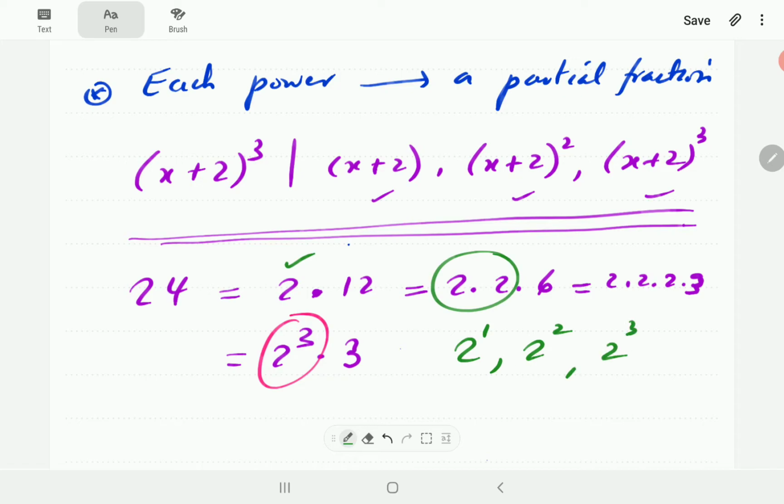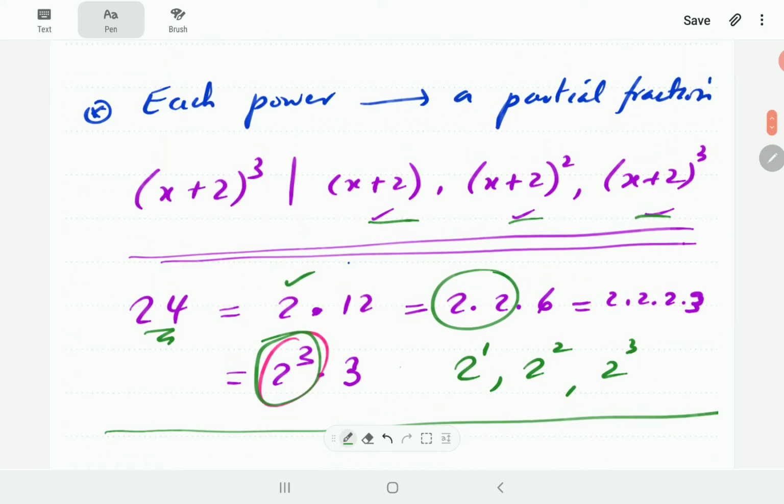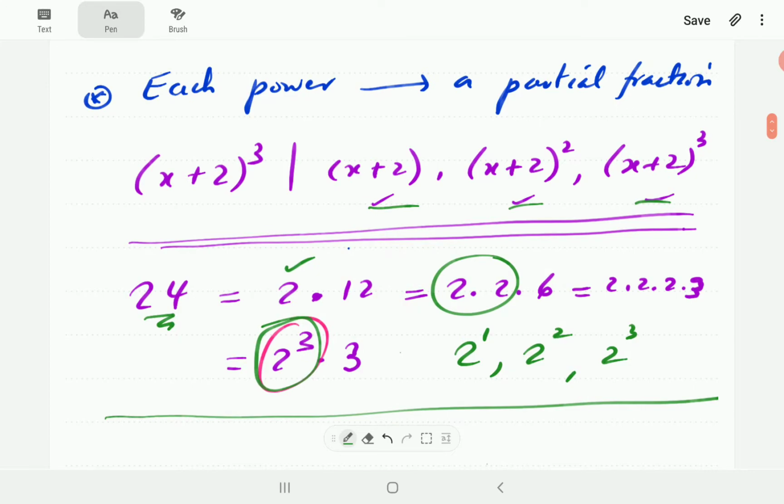So 2, 4, and 8 are all factors of 24, which are in this group or cluster of terms. So that is where this is coming from. All right, so with that, let's look at some examples of how to integrate rational functions where a repeated linear factor occurs.